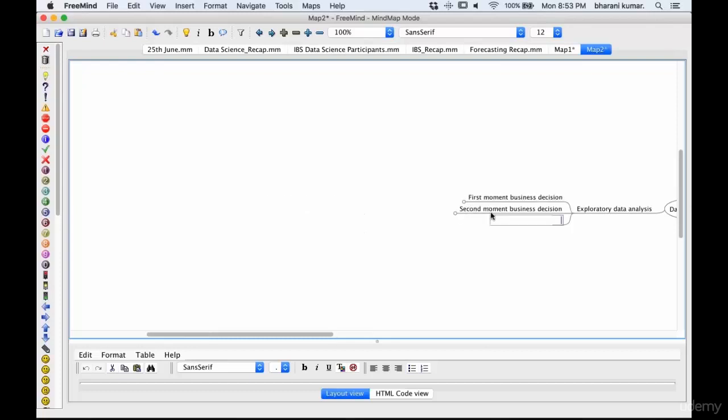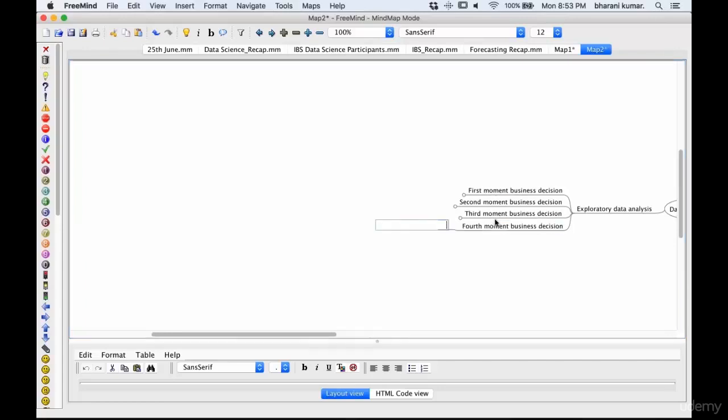And then we have third moment business decision, which is given using skewness, which explains the presence of your long tail, whether the data are left skewed or right skewed. That kind of interesting insight can be drawn using skewness. And then you have fourth moment business decision.